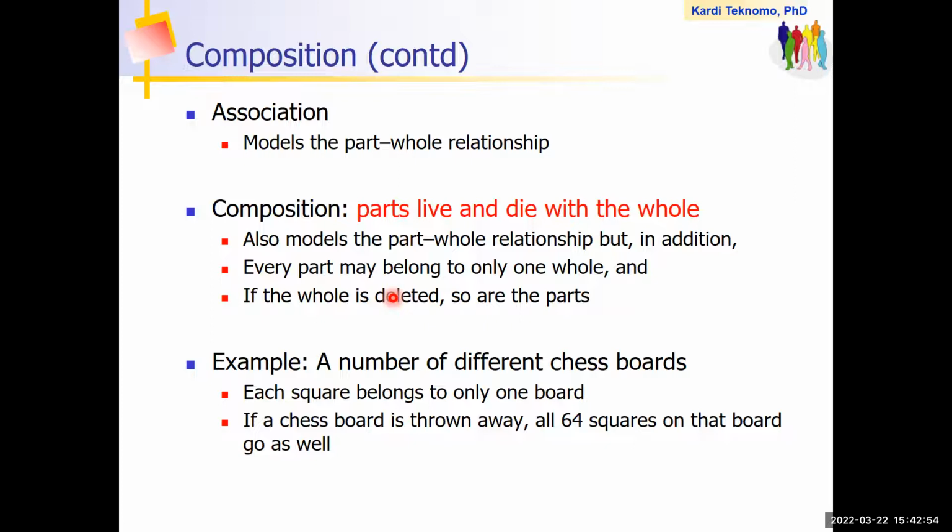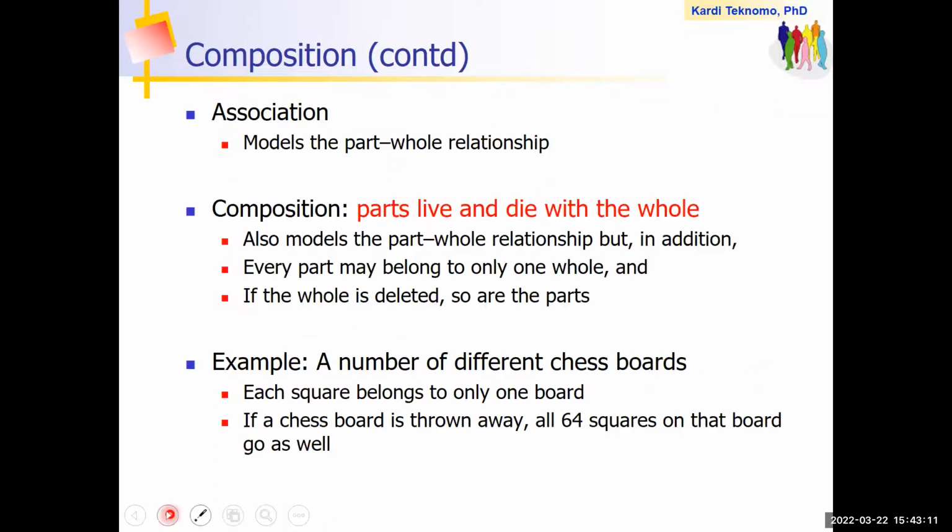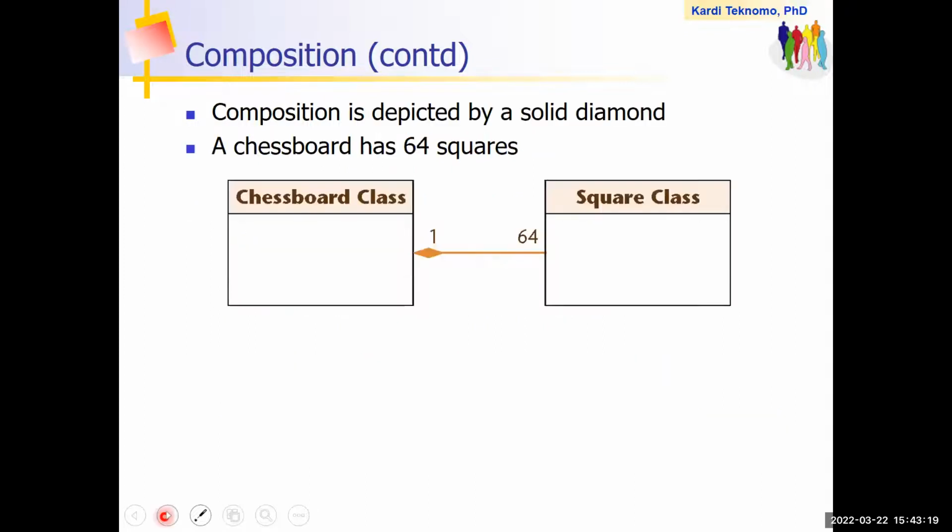Meaning that if the square does not exist, the chessboard does not exist either. Is it clear? The two of them must go together. If the chessboard is thrown away, all the 64 squares in that board are also thrown away.